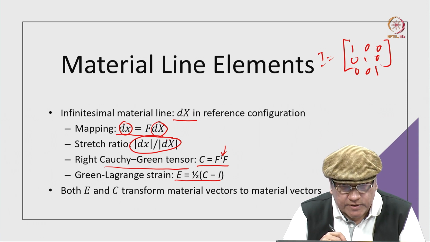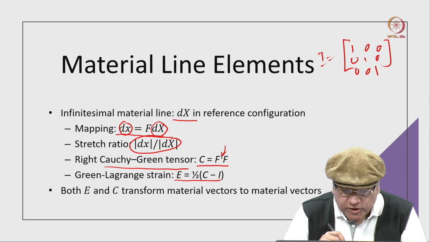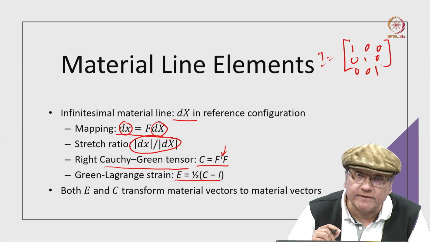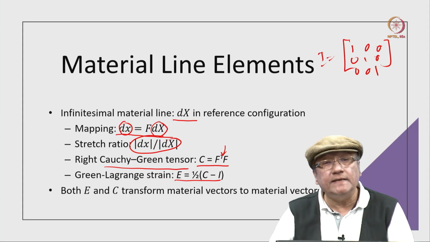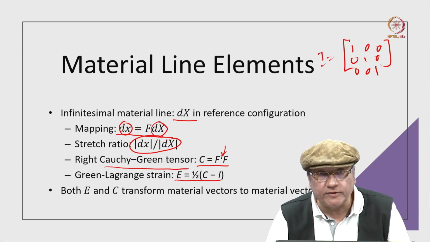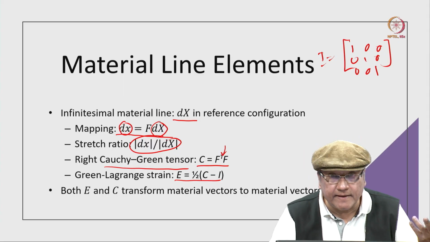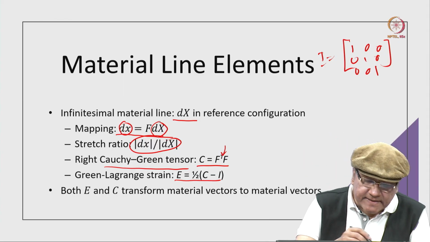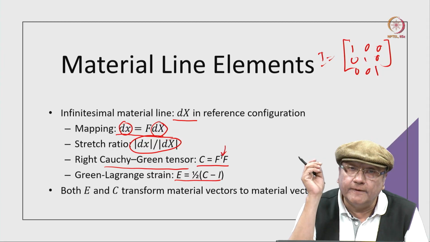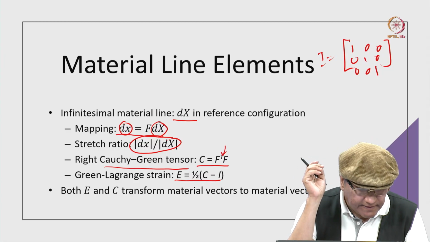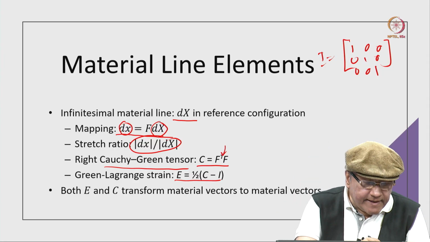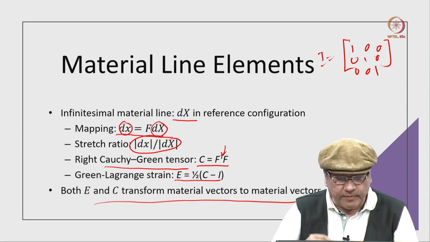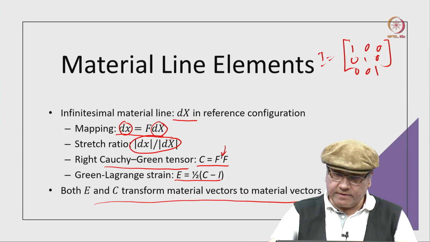F transpose acts on that spatial vector to produce again a material vector. So the overall action of C is that of acting on a material vector and producing a material vector again as the output. Exactly the same thing happens with the Green-Lagrange strain E. So that is why we are saying that both E and C transform material vectors to material vectors, right.